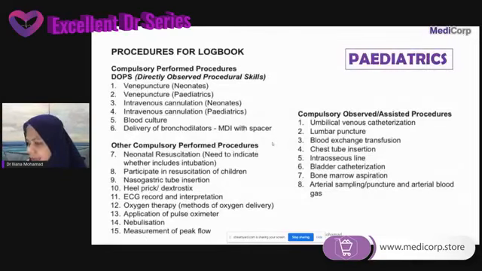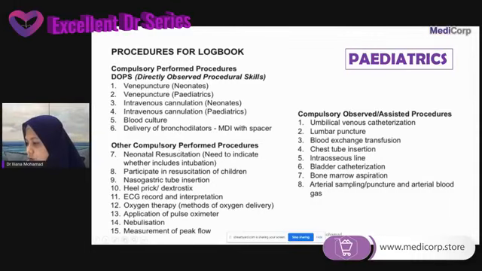Okay, and this is for pediatric. Pediatric also clearly delineates your DOPS. So again, this is your blood taking for neonates and pediatric, branula insertion for neonates and pediatric, blood culture and delivery of bronchodilator.